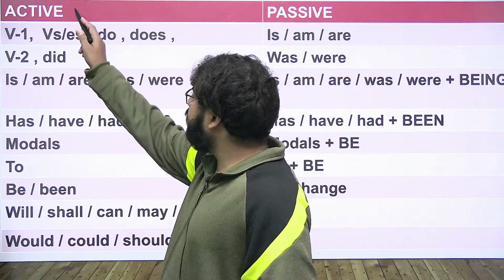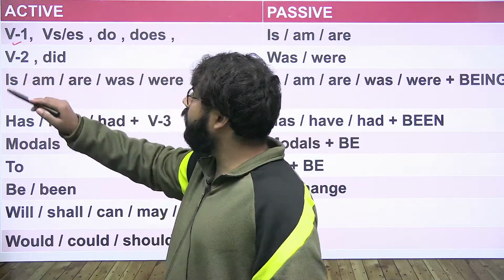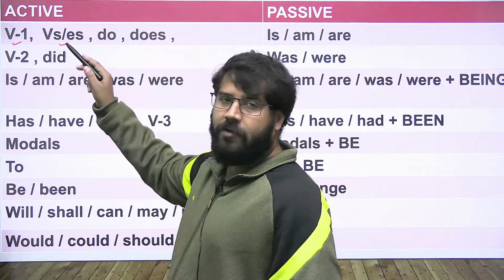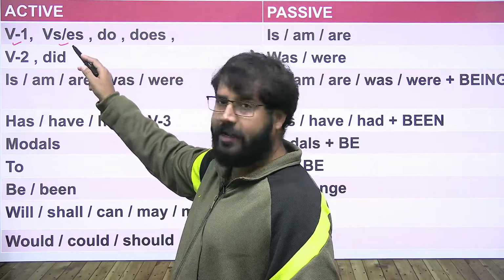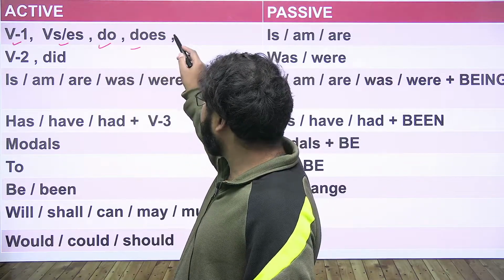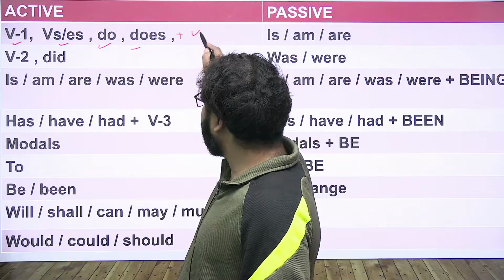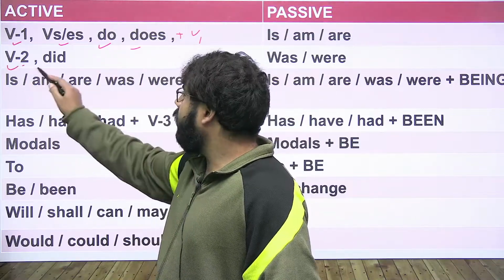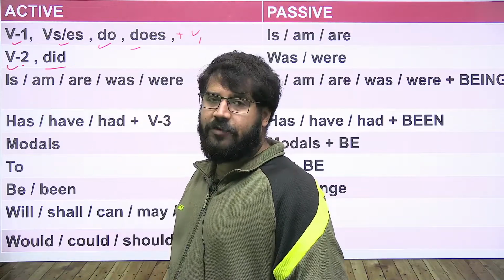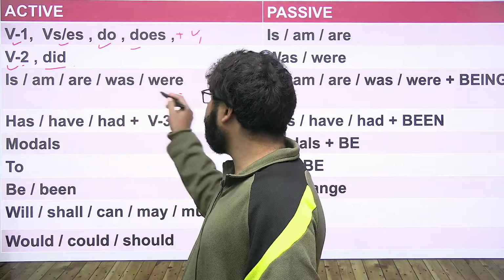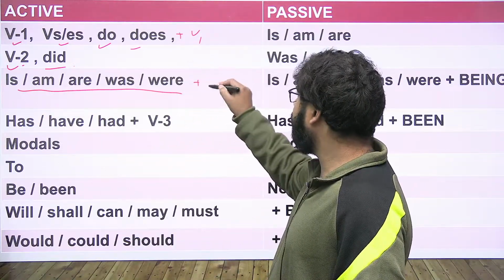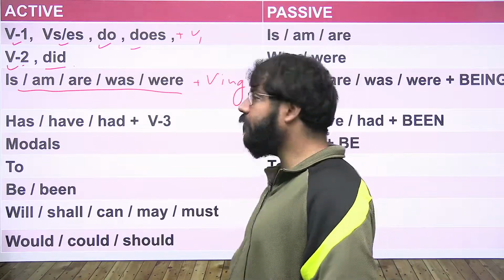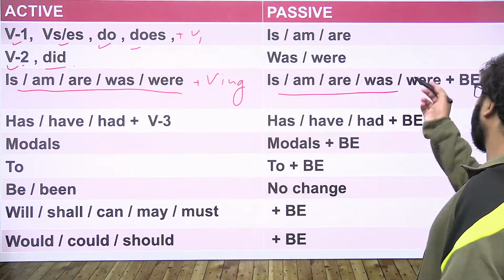Whenever the sentence is given in indefinite tense, with the first form of the verb, or the verb with s or es, do or does with the first form of the verb; V2 or did, which means past indefinite; or is, am, are, was, were given with the fourth form of the verb, you will have to convert in this way.